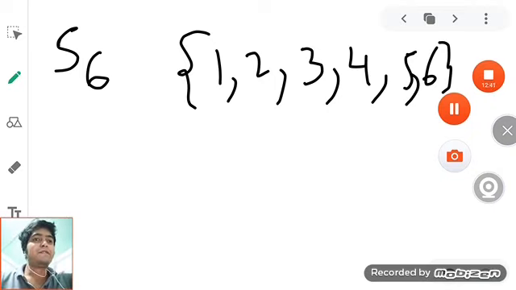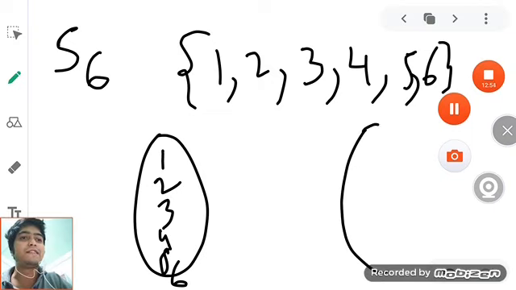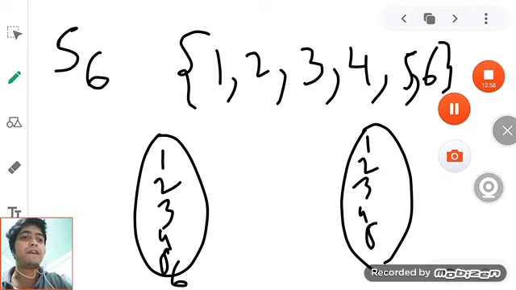Just imagine this one as a set: 1, 2, 3, 4, 5, 6. Similarly, imagine another set: 1, 2, 3, 4, 5, 6. So what does this set contain?